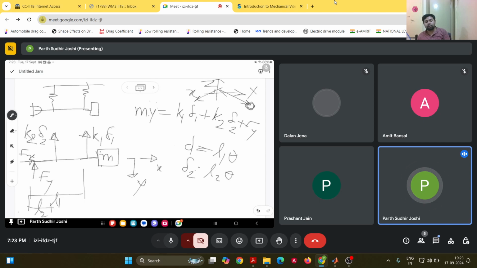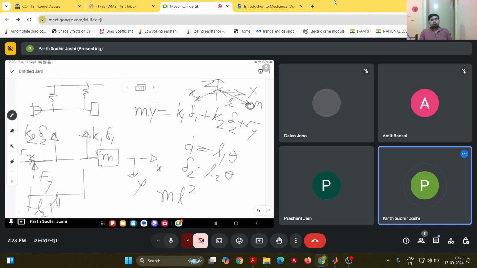Let us say L is the distance from the z axis, then the moment of inertia about the z axis will be ml square because it is a point mass. So one has to account for the mass distribution by using the moment of inertia.